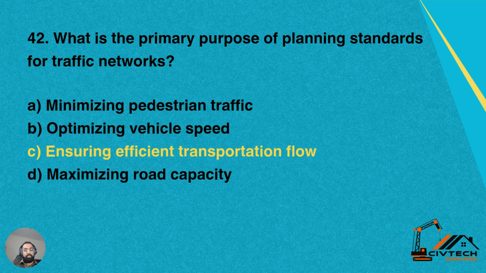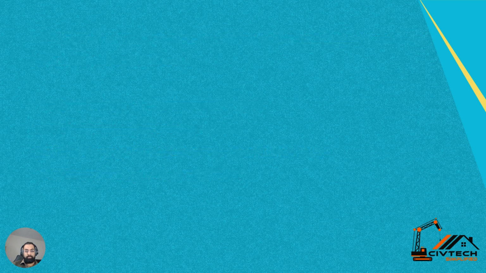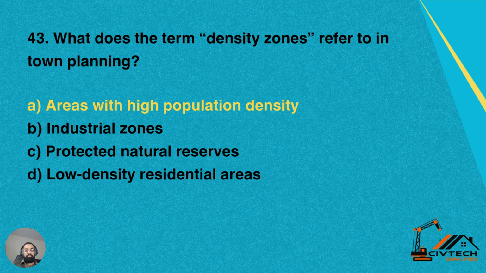Option B is optimizing vehicle speed. Option C is ensuring efficient transport flow, and option D is maximizing road capacity. The primary purpose of planning standards for traffic network is to ensure the flow of the transportation system within that town. So option C is correct for this question.